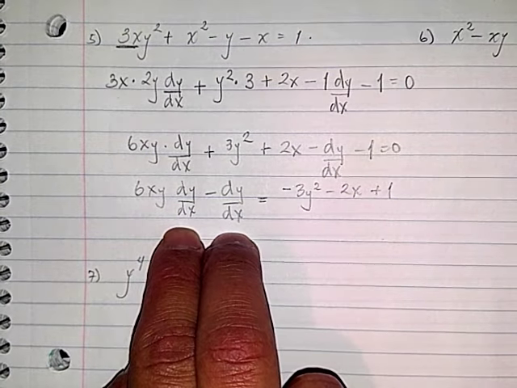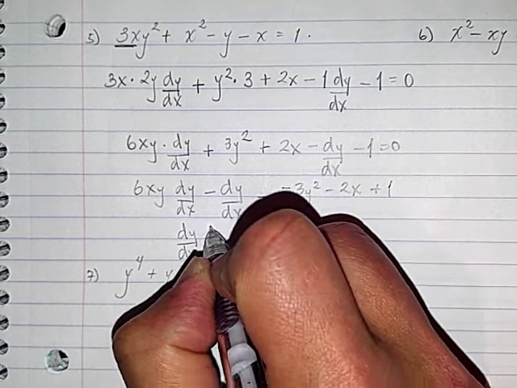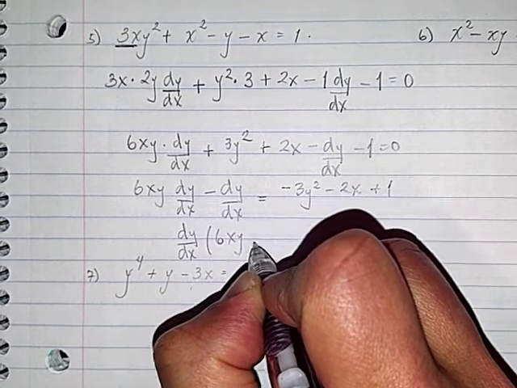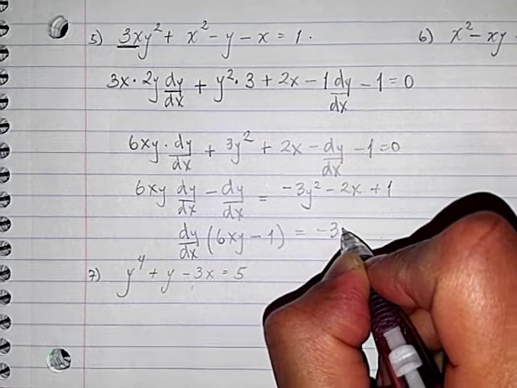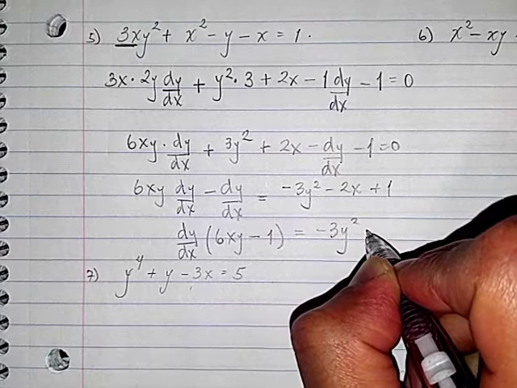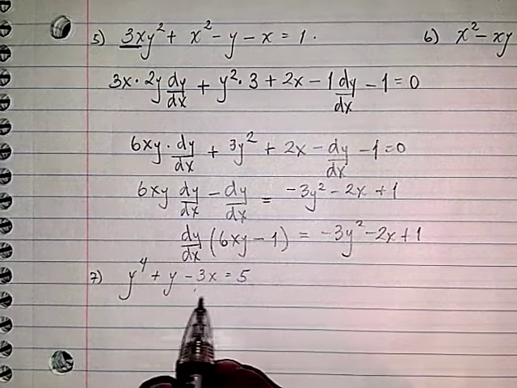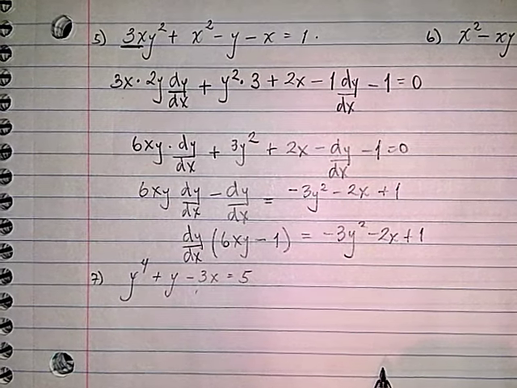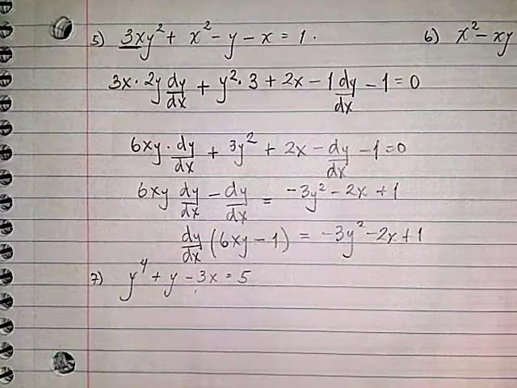Same thing, factor out the dy dx. Okay, dy dx. And that becomes 6xy minus 1, don't forget that 1. Okay, equals negative 3y squared minus 2x plus 1. And it looks like I ran out of room here, that's okay.